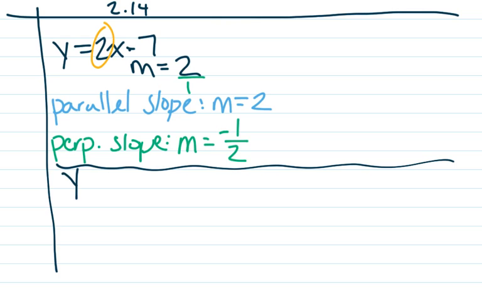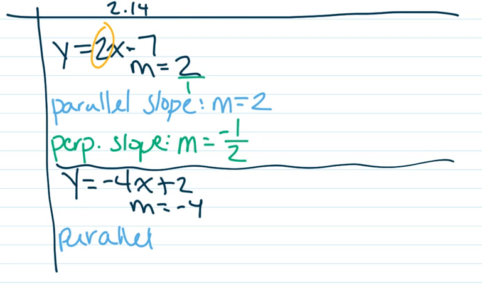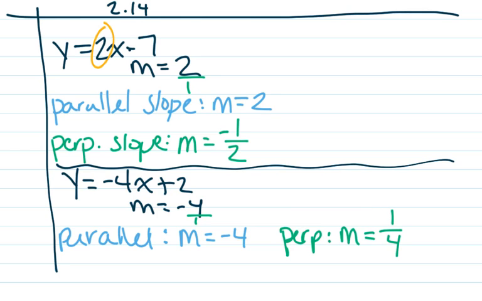Let's go ahead and do another one. If I have y equals -4x plus 2, the slope of that line is -4. We want parallel, which is the same, so m equals -4. And then for perpendicular, we are going to flip the fraction. So if we put this over 1, we're going to have 1/4, and because it was negative originally, it'll be positive.